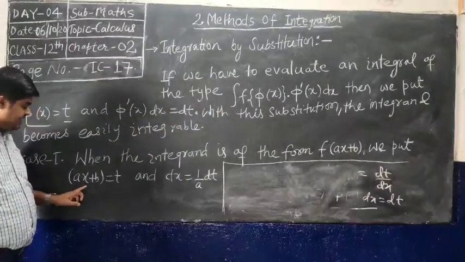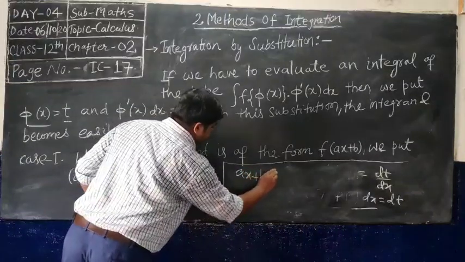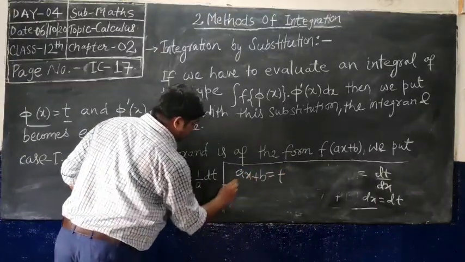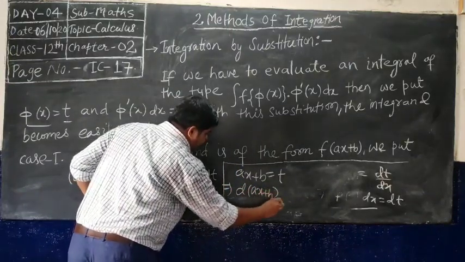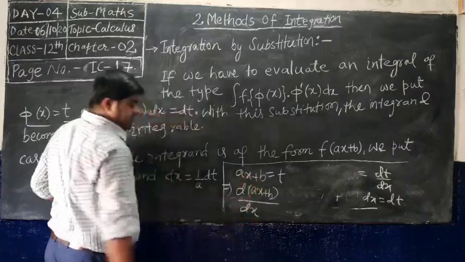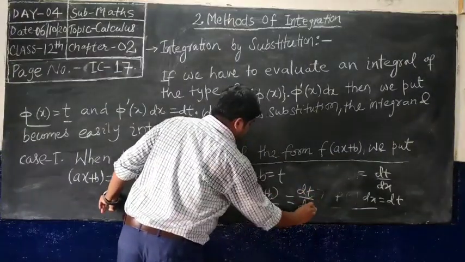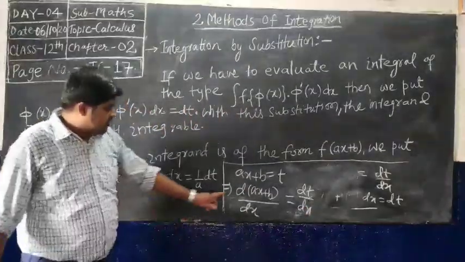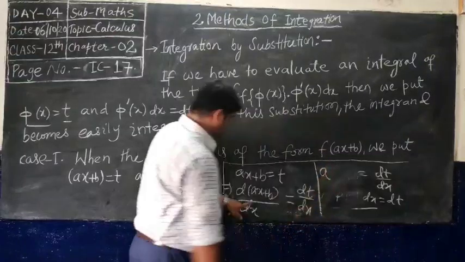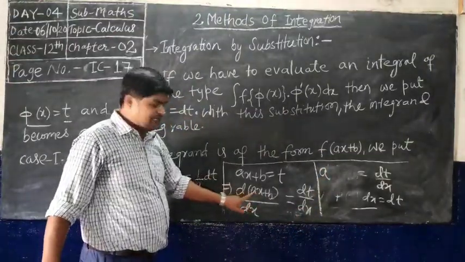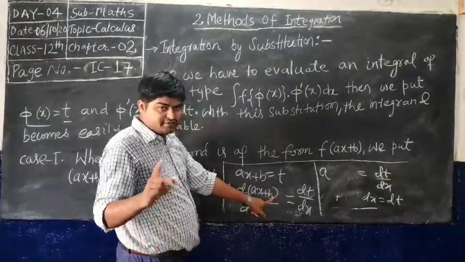Your function is ax plus b is equal to t. Now you differentiate the term ax plus b with respect to x, then it becomes dt by dx. You have studied in class level that a is a constant coefficient, so now it becomes a, and x differentiated, dx by dx, is 1, plus the constant term; differentiation of a constant is 0.